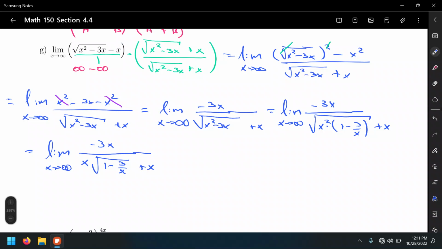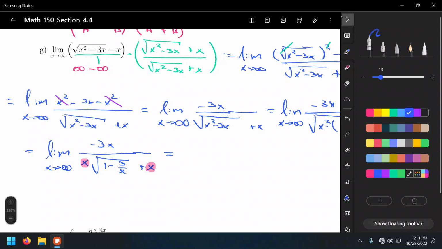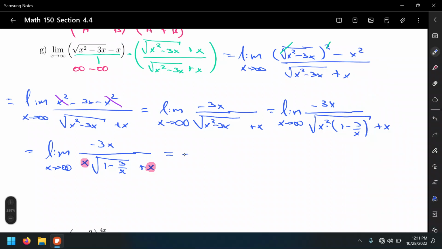Alright, now from here we can factor out this x. It's a common factor in the denominator. We have to be careful, because we cannot cancel this x right here with that x, because this x is a factor of a term in addition to the x.